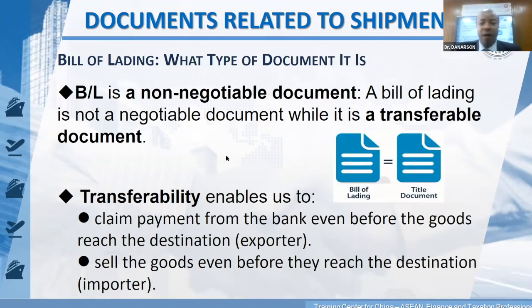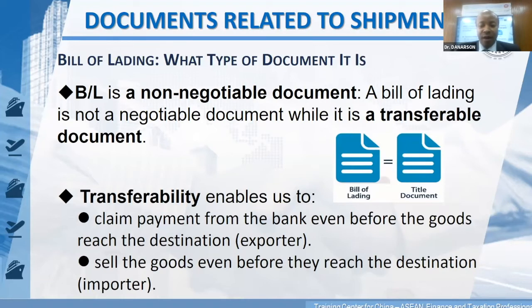It is a negotiable document while it is a transferable document, meaning that there is transferability that enables us to firstly claim payment from the bank even before goods reach the destination.